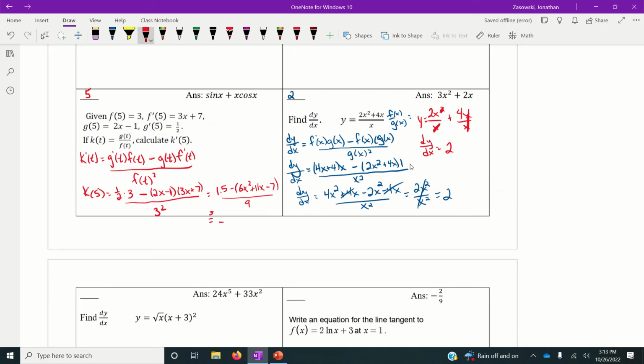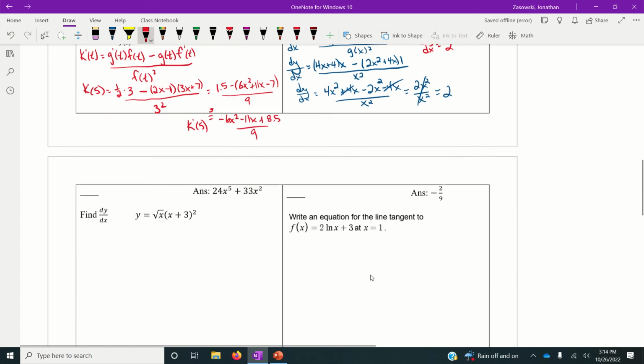So we distribute, combine like terms, we should get, I'll do it right below here. Okay, negative 6x squared minus 11x. This is going to become plus, and we're adding 1.5 to that, so that's plus 8.5. And that's all over 9. That's our final answer. In my solution, I plugged 5 in again, which I shouldn't have, because this is what k prime of 5 equals.